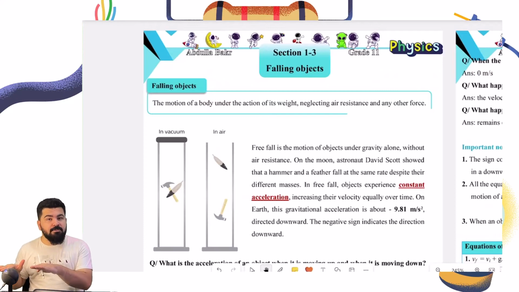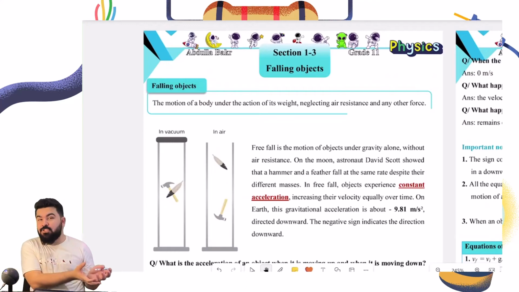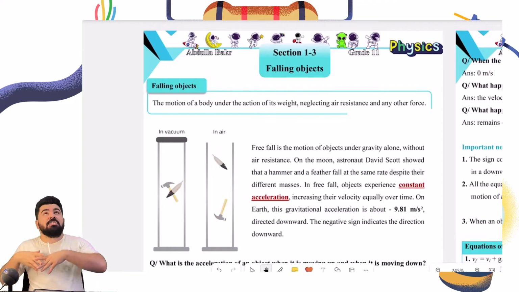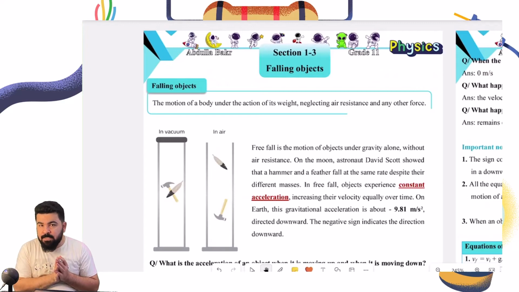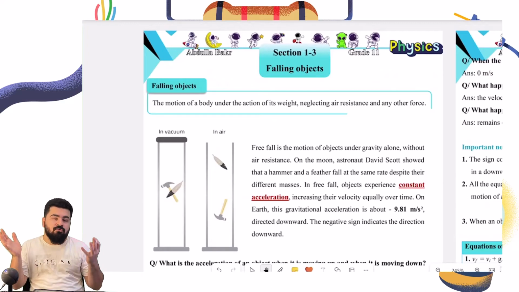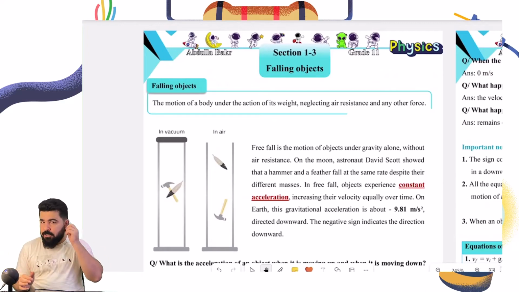The paper, when it's flat, when it's not folded, has a greater surface area, while the stone has less surface area. So the paper, because it has a larger surface area, is going to be exposed to more air molecules. That is where air resistance comes in, and it plays a huge role when it comes to falling objects.